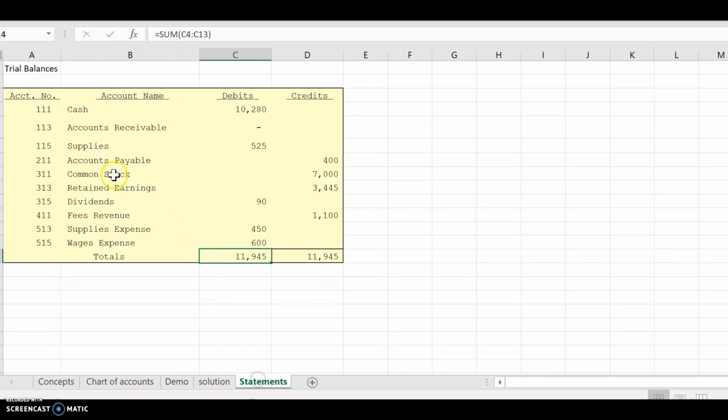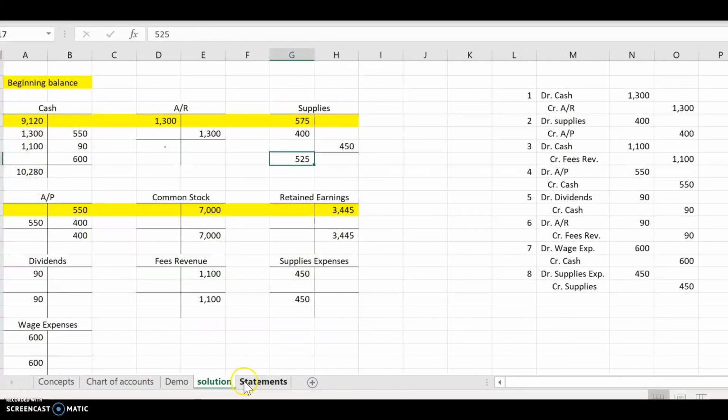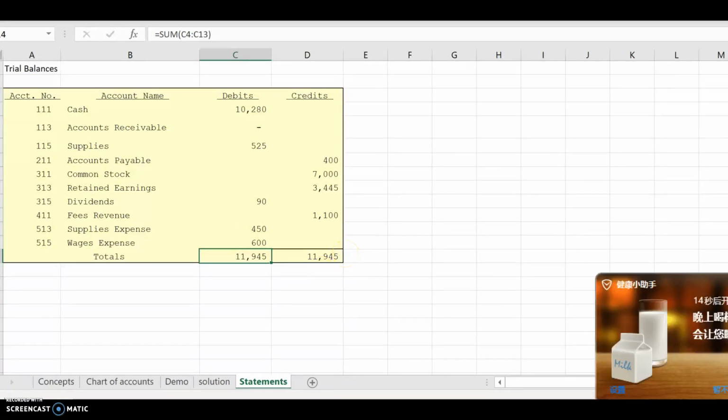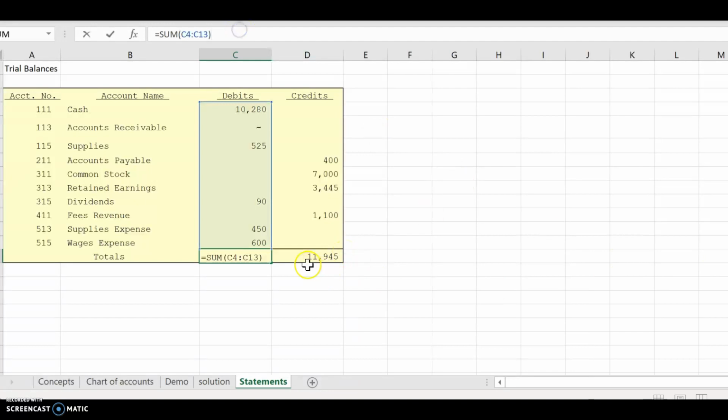So I have something called the trial balance showing each account and its balance. Any account with a debit balance we put in one column, and every account with a credit balance we put in another column. For example, for cash 1080, I'll put that here. The function of the trial balance is that if you sum each column, they should be the same.